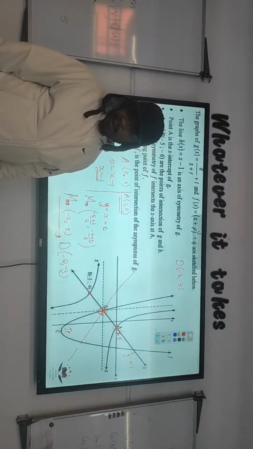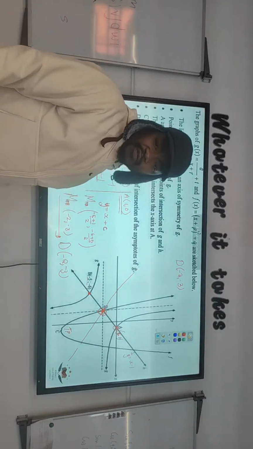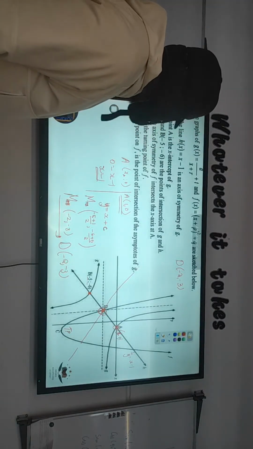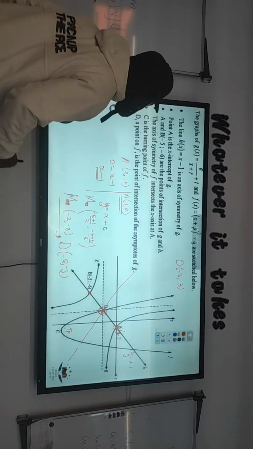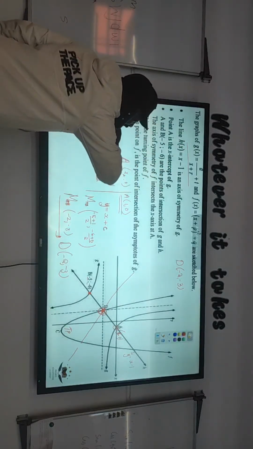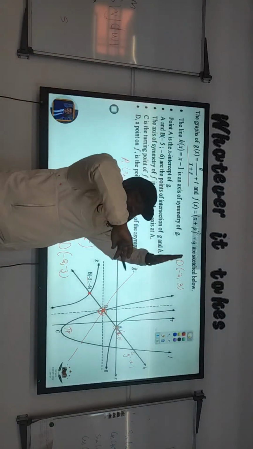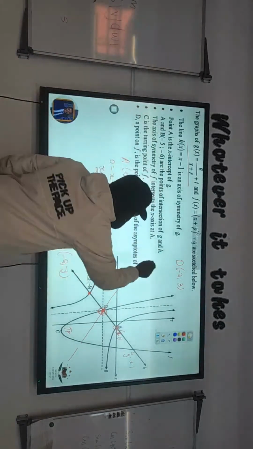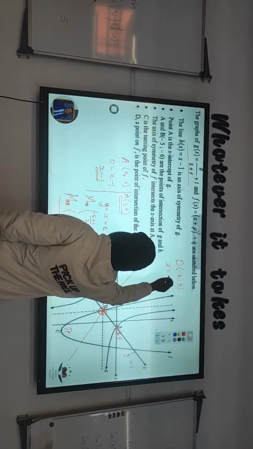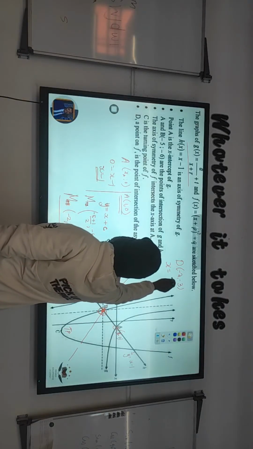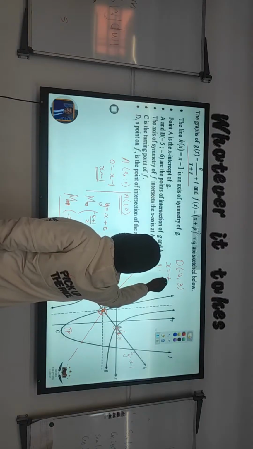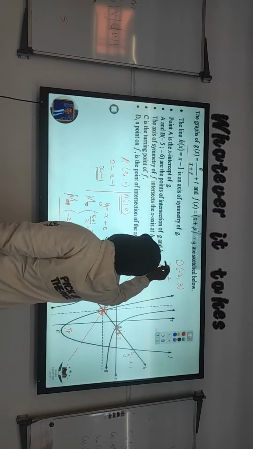And then I think the other question said, determine the equation of g. If we're to find the equation of g, where is g? There is g. As soon as you get the point of symmetry, everything becomes simple, because once you have the point of symmetry, it means your x is equal to -2 and your y is equal to -3.